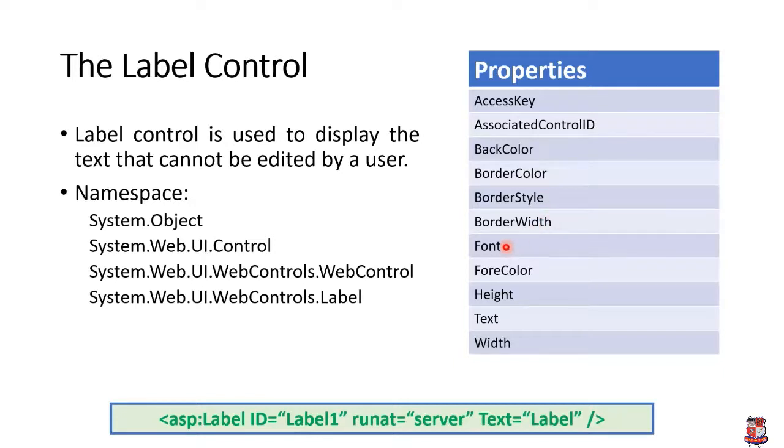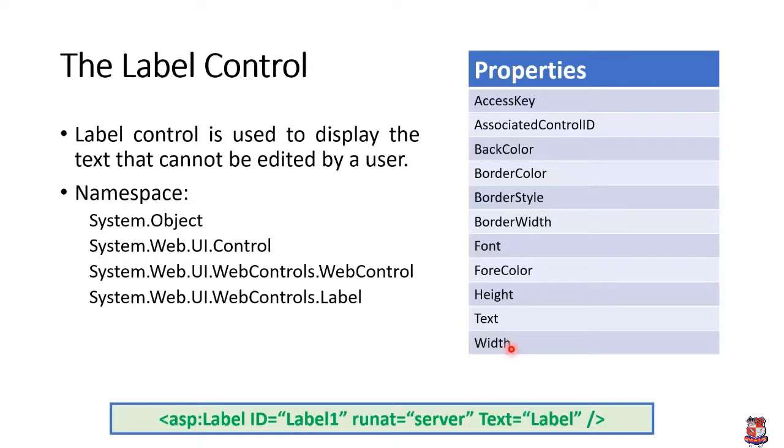Next is font. It is used to retrieve font property. Next is fore color. It is used to specify the text color or font color.